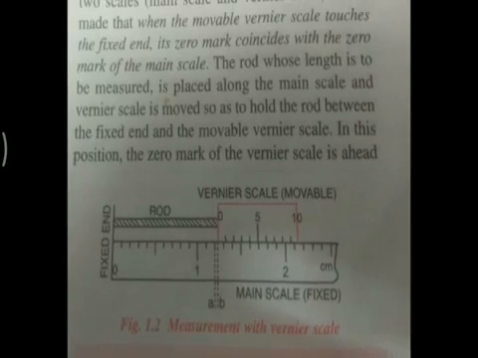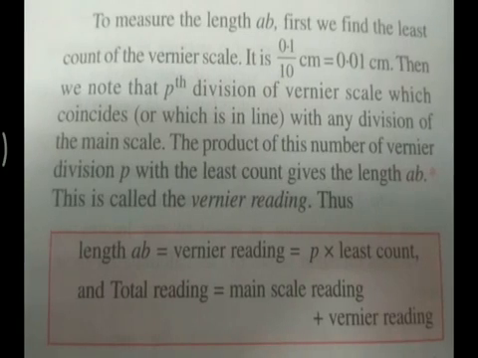So to measure the length, first we find the least count. Least count we have found, it is 0.01 centimeter, right? Then the formula to calculate the length is what? Main scale reading plus vernier scale reading. Main scale reading that we have calculated is 1.2. Now the vernier scale reading is what?